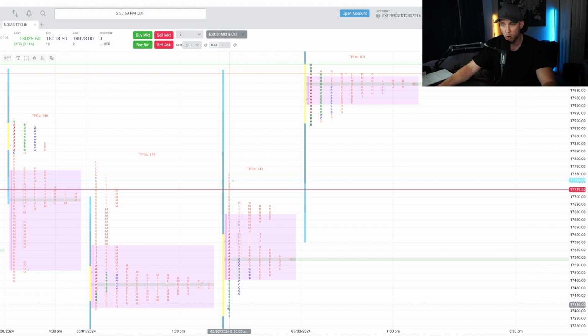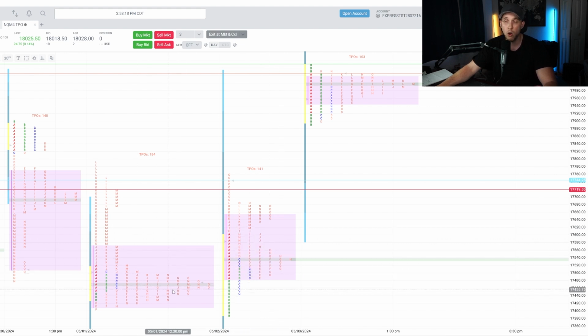We traded below point of control and the previous day's value area, right? So we see in B period we came down, but then in C period we continued to stay above point of control and rise up, and then in D period we continued rising up, and then we just consolidated in this general range.